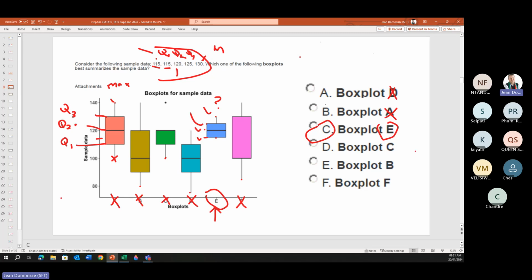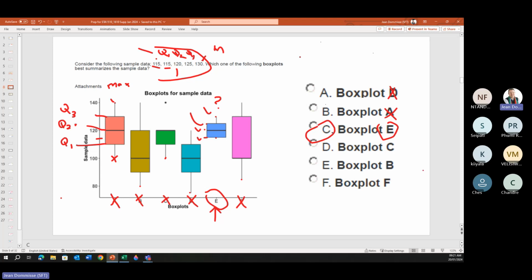Looking at it, very easily one can make that mistake of saying the answer is E, but that actually refers to something different. Okay, cool. So that is box plot.